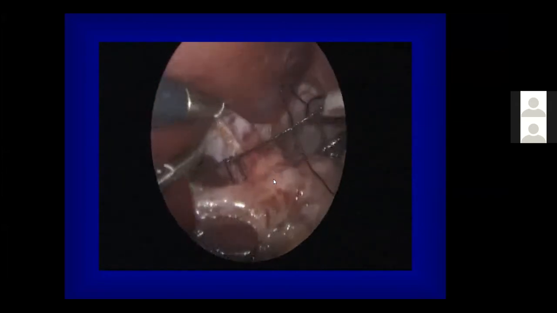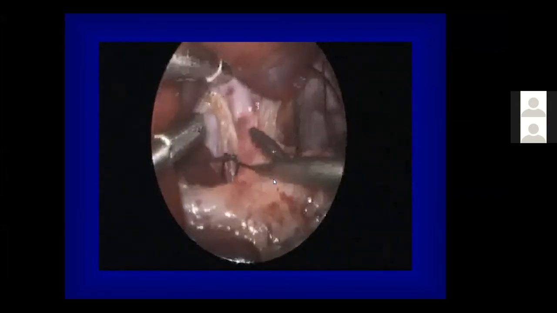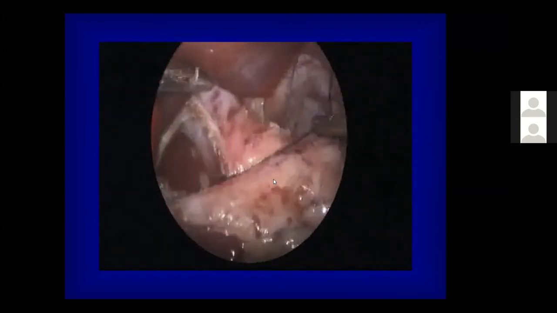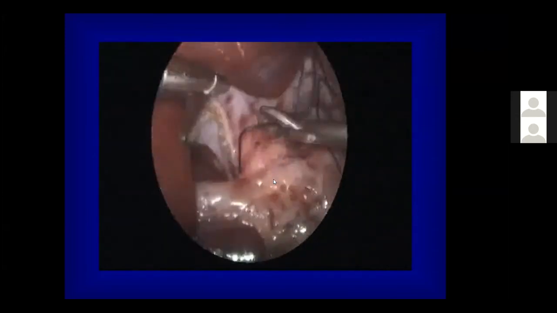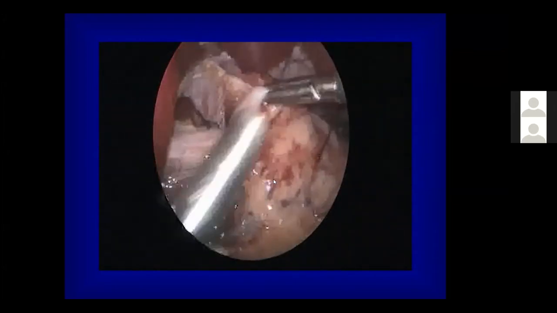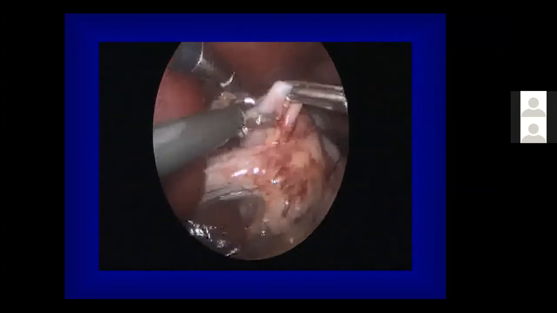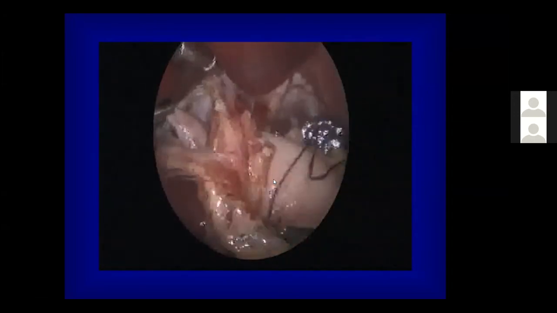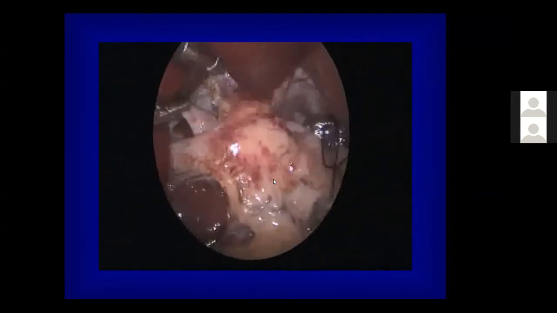And remember, when you hold this needle inside, it is like a knife. When you leave it loose, it's safe. So don't be very adamant in holding it all the time. So this is the fundus here pulled through the upper window, as you can see, above the vessel.